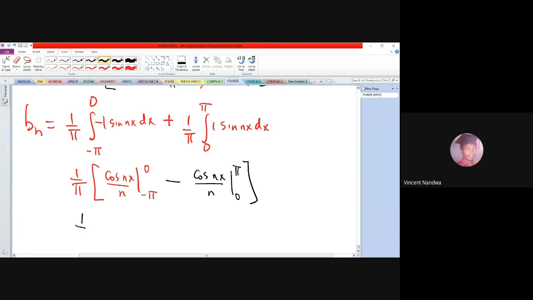So this will be 1 over pi times, for the upper limit, 1 over n, minus the other one, which will be minus 1 to the power n over n. And then minus cosine, the same thing. So we have minus minus 1 to the power n over n, and then minus just 1 over n.